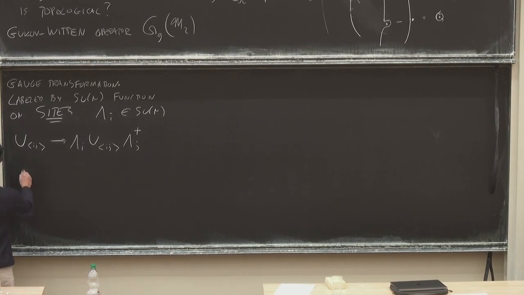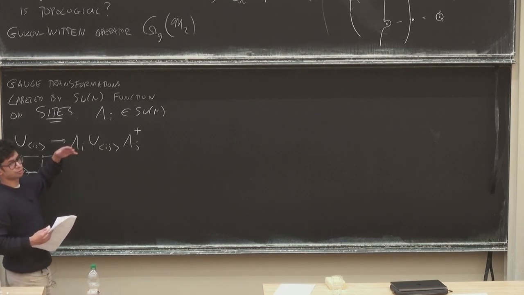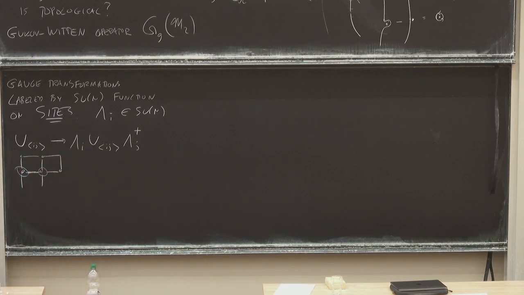And on all of the sites, I have some lambda, and this U transforms as lambda coming from here and lambda dagger coming from here on the other side. Okay? This should seem really nice, right? This is very nice and geometric. You can see it makes sense for U to live on the links, so this kind of thing is possible.